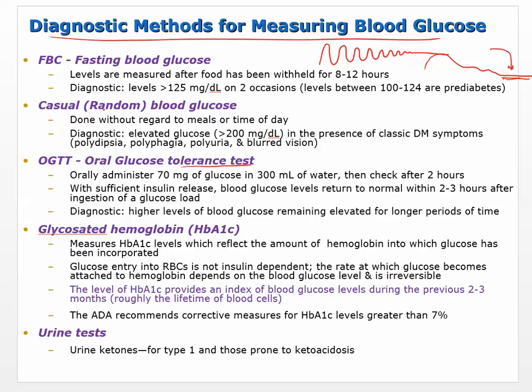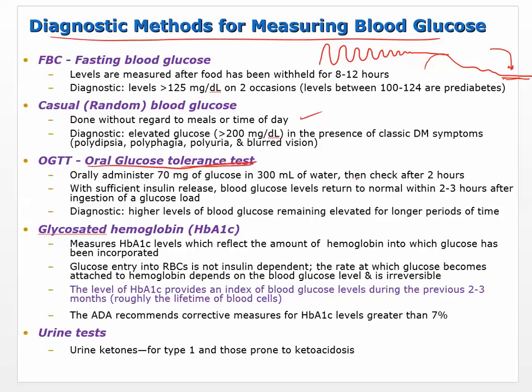You can also do a casual or random blood glucose, where you measure it at various times throughout the day and check what's going on without regard to fasting. This next one is a little more active, the OGTT, the oral glucose tolerance test. You drink 70 milligrams of glucose dissolved in 300 milliliters of water.